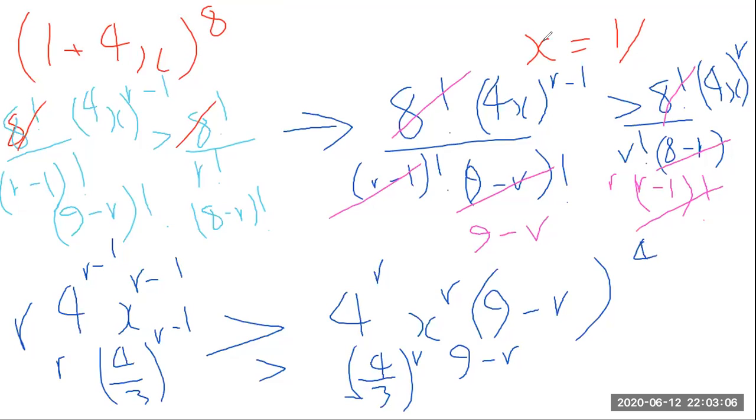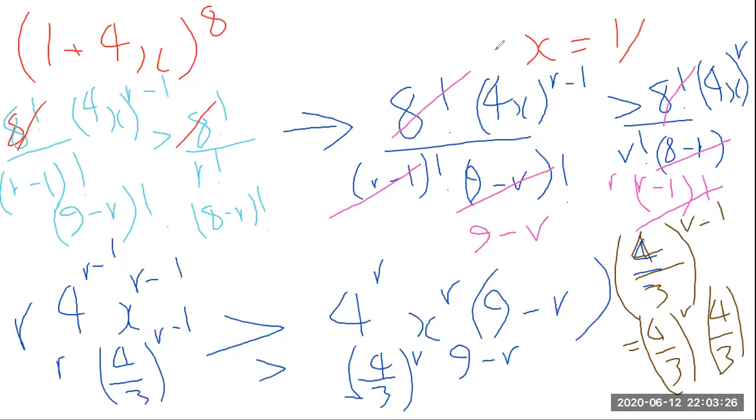You can see that (4/3)^(r-1) is the same thing as (4/3)^r times (4/3)^(-1), yeah, times 3 over 4. So we can cancel off and write it as (4/3)^(-1), and (4/3)^(-1) is just 3/4.